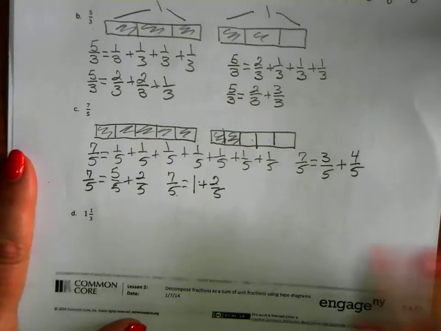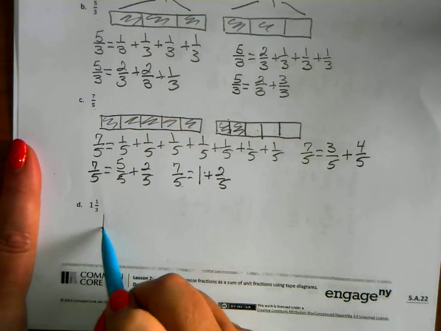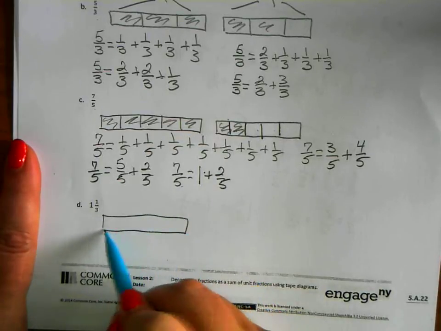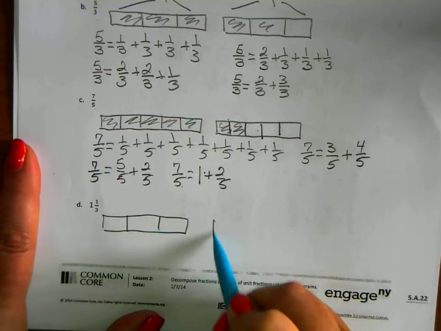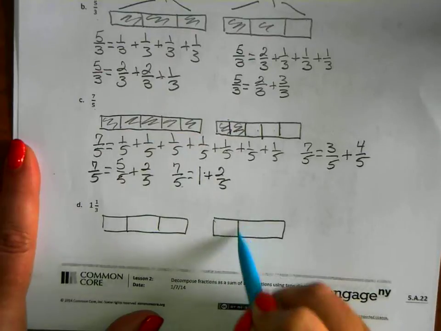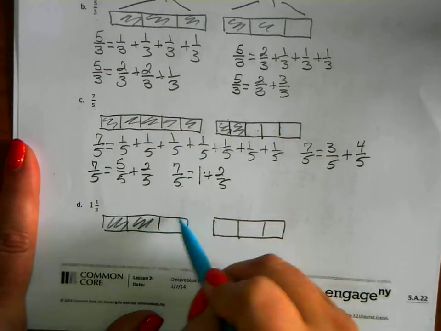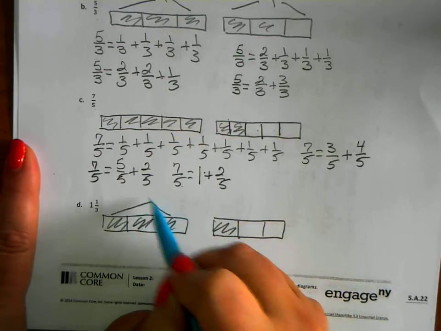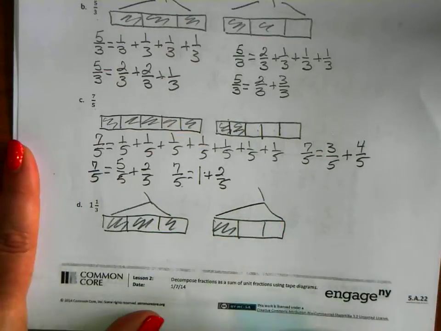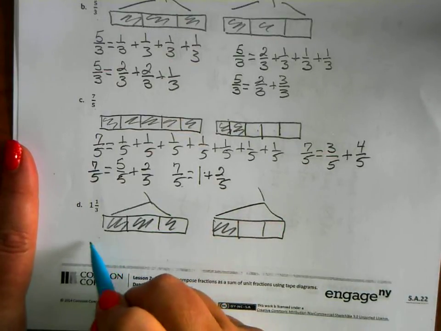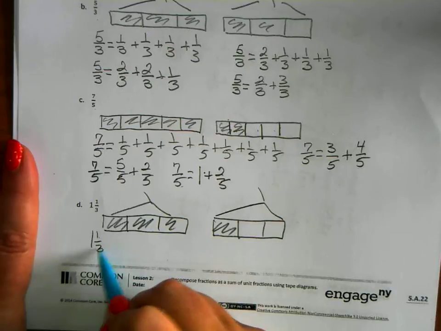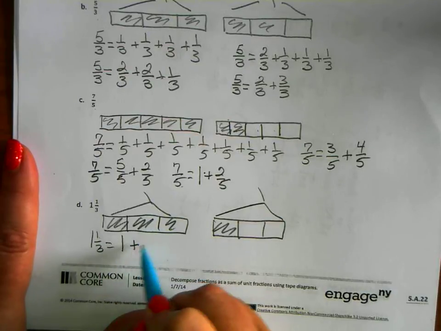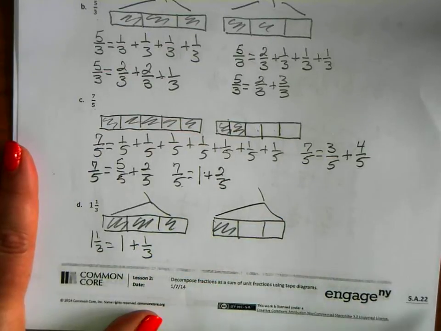Okay. And let's do the last one. 1 1/3. Well, here's one rectangle divided into 3. Here's the other one into 3. 1 1/3. Okay, so that equals. So 1 1/3 equals 1 plus 1/3.